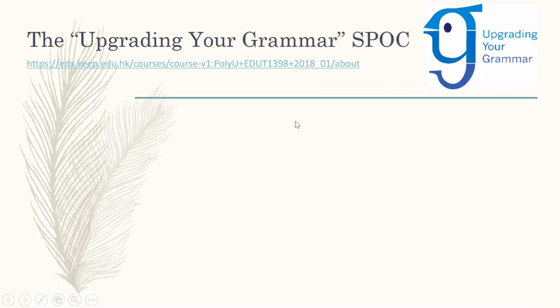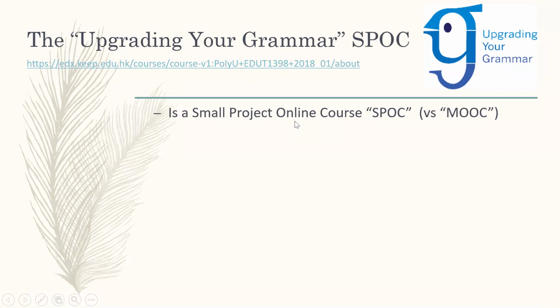So the Upgrading Your Grammar course is a small private online course, what we call SPOC, as opposed to MOOCs. I think some of you might have heard of MOOCs before, which is the massive open online courses. So the small private online course means that it's not open to everyone. That's the only difference.